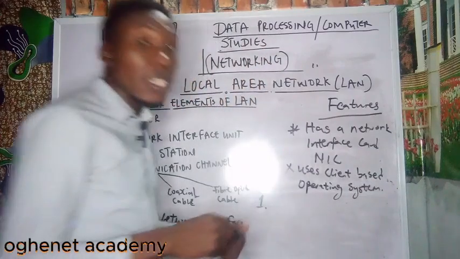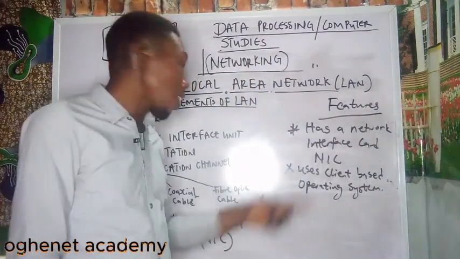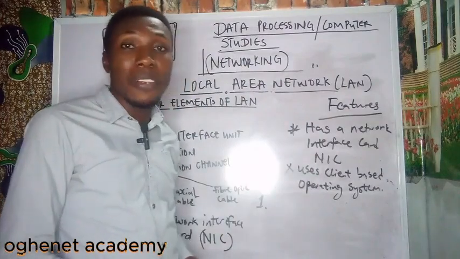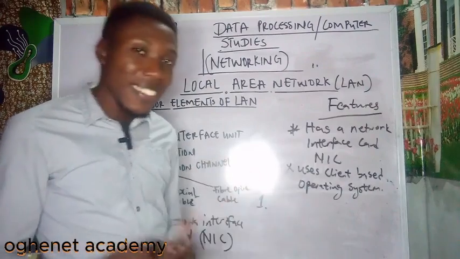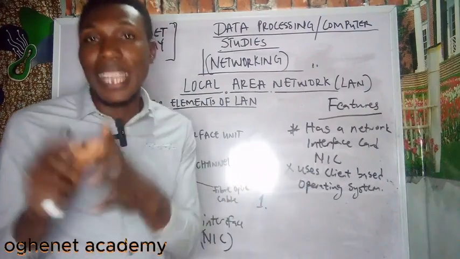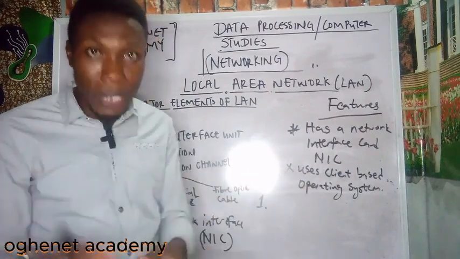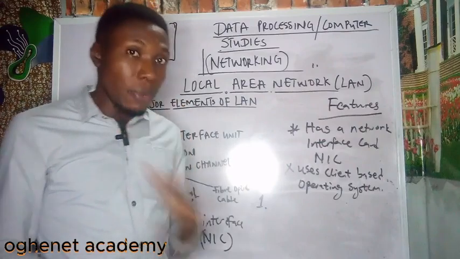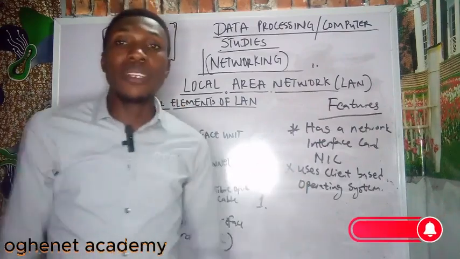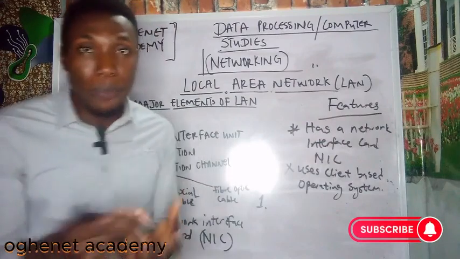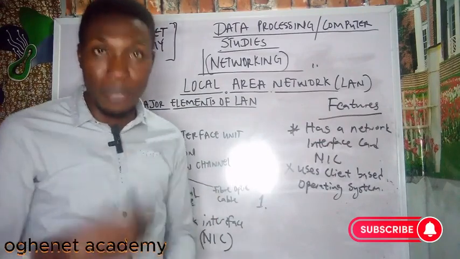Now, for those of us that are in a business circle, when I'm saying client, you'll be thinking about buying and selling. Well, I don't mean that kind of client in this context, okay? When we're talking about networking in general, when we're talking about clients, we're actually talking about somebody who is making use of a particular service.